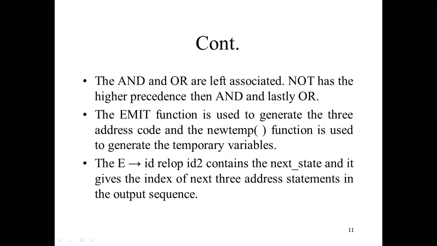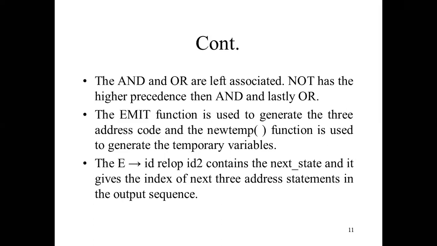Now, and and or are left associative. Not has higher precedence than and, and lastly or. If we compare and, or, not, then not has the higher priority over the other logic gates. I am not talking in context of digital electronics, but in context of compiler design, where NOT has the higher precedence.